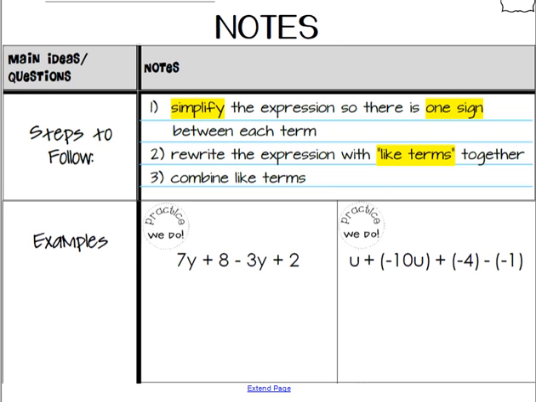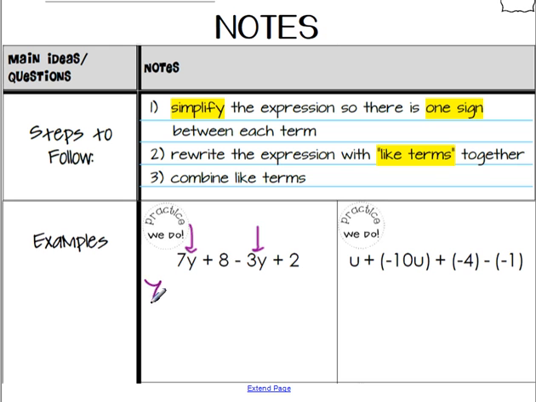So our first example, if it says 7y plus 8 minus 3y plus 2. So our like terms, we can see we have some y's here, and we have y's here. So these are our like terms that we can combine.